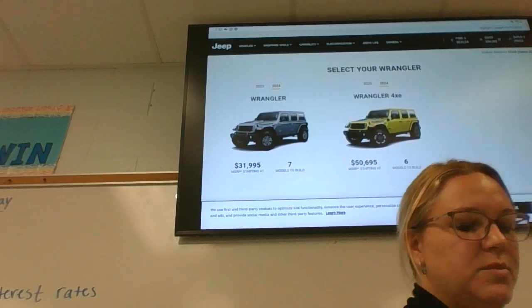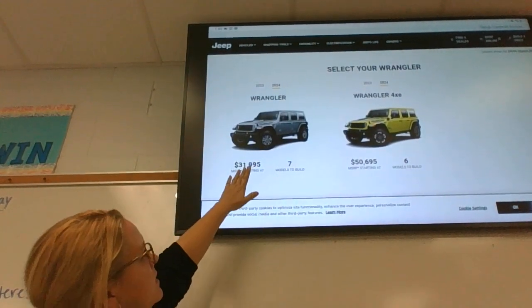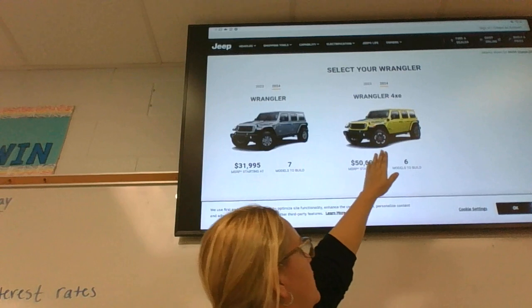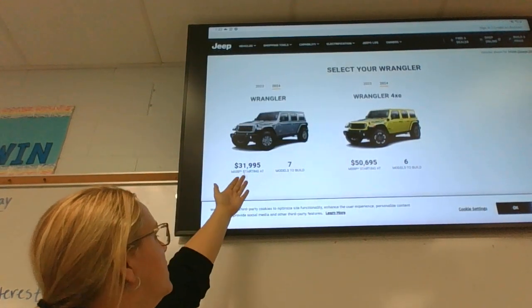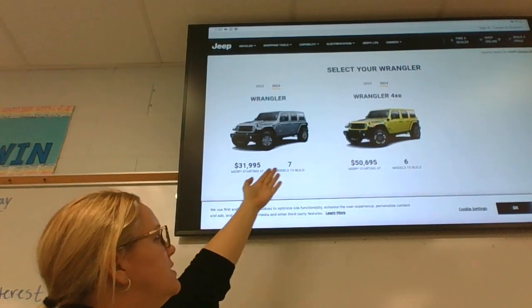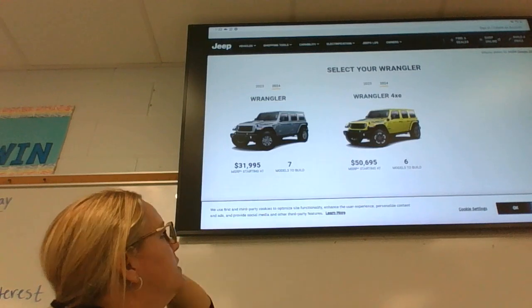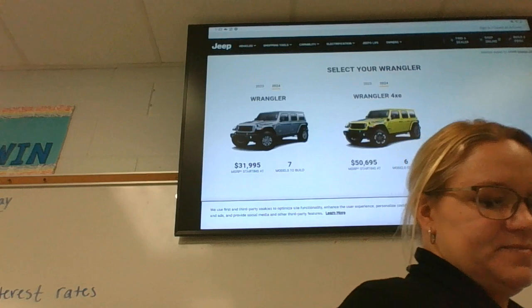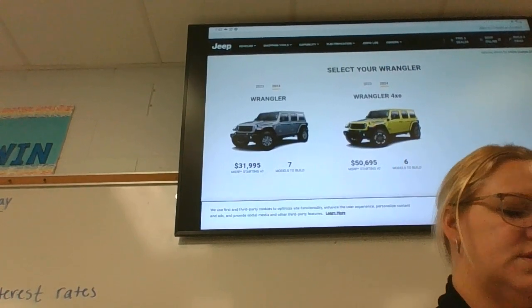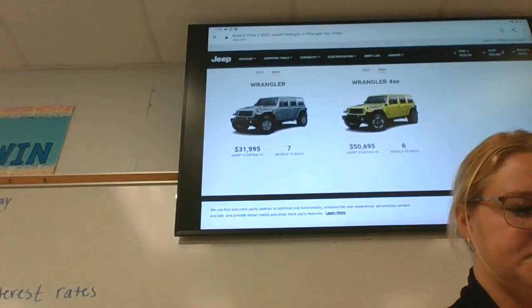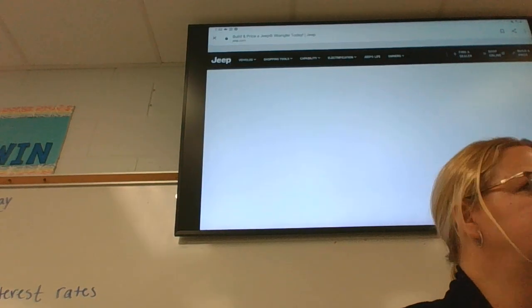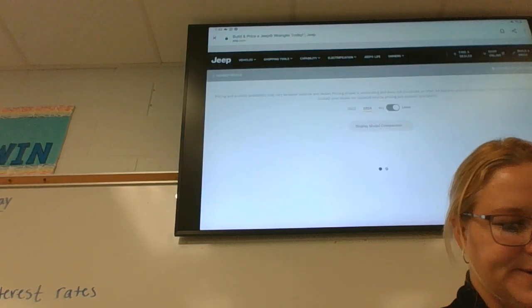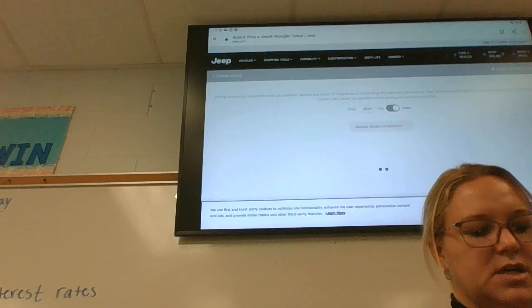These are expensive. But what's the difference between the 4XE and the regular? Why is this one 20,000 more? I don't know. It looks exactly the same. No, it's not 20,000 for a color. So what's the difference? Let's look.